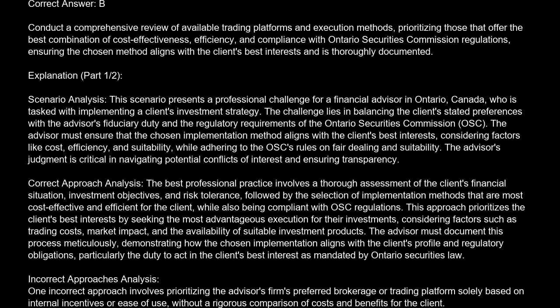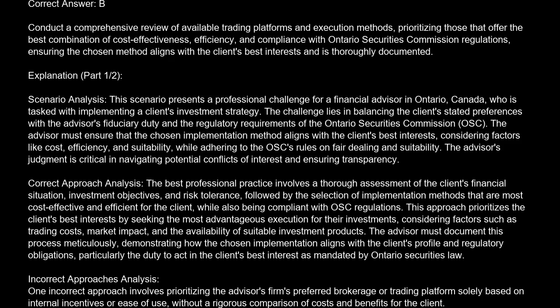Correct approach analysis. The best professional practice involves a thorough assessment of the client's financial situation, investment objectives, and risk tolerance, followed by the selection of implementation methods that are most cost-effective and efficient for the client, while also being compliant with OSC regulations.